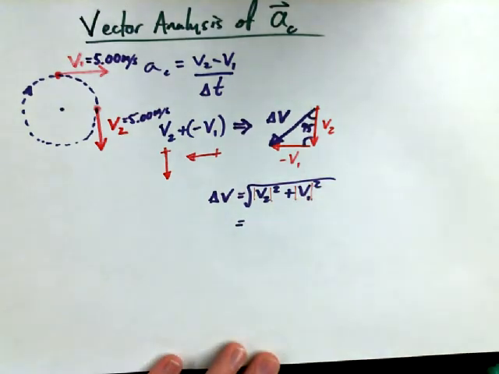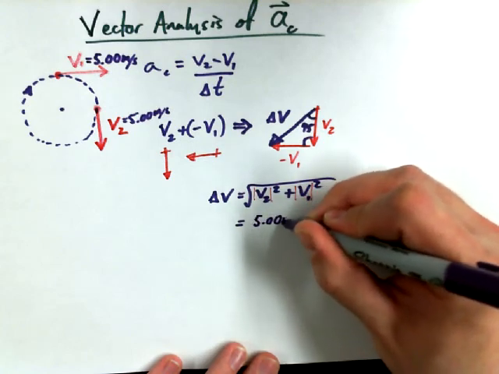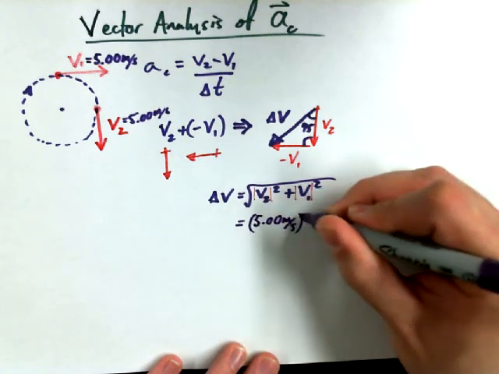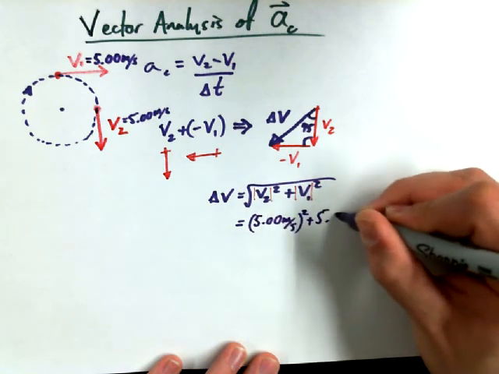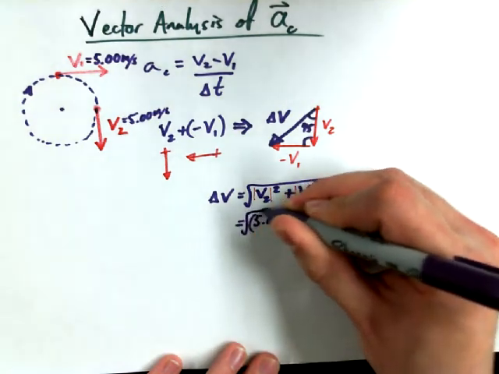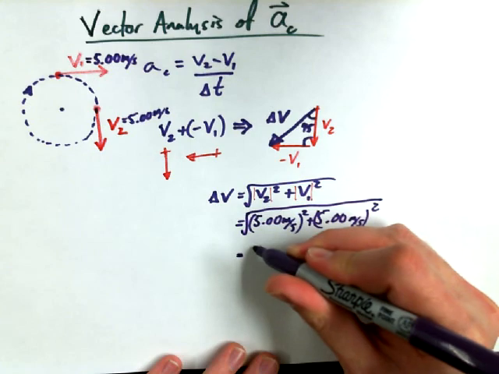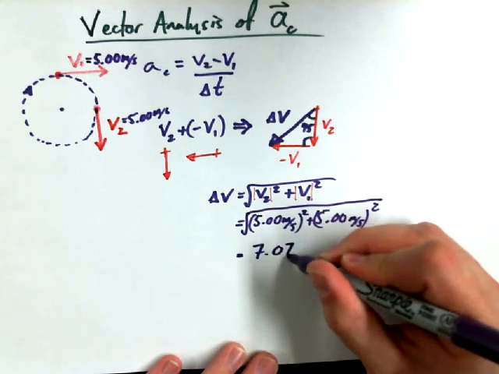So 5 meters per second squared plus 5 meters per second squared. 7 point something or other. 7.071067.